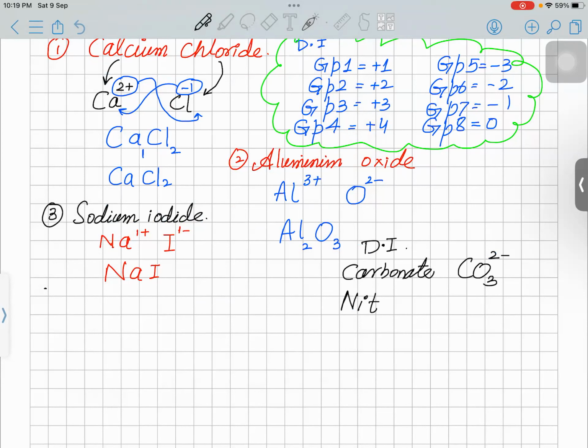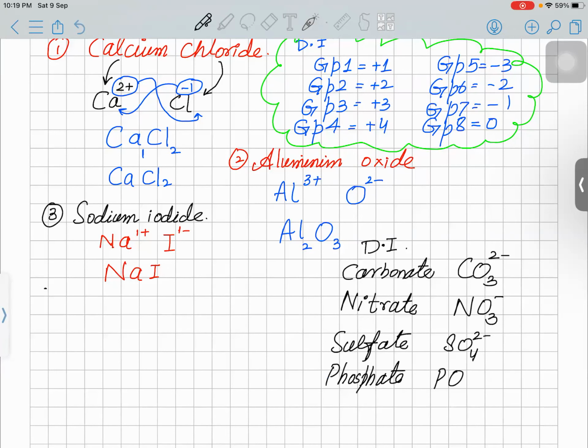You have to memorize these. Nitrate is NO3 minus. Sulfate is SO4 2 minus. Phosphate is PO4 3 minus.